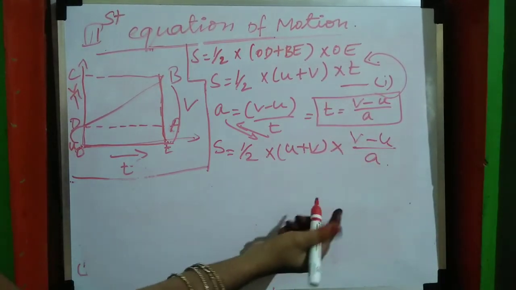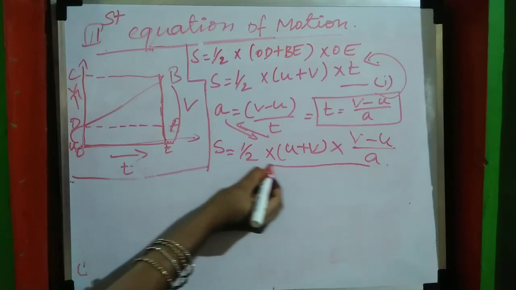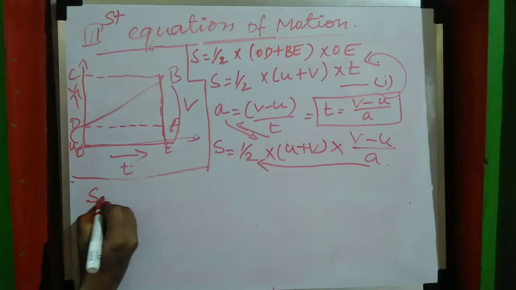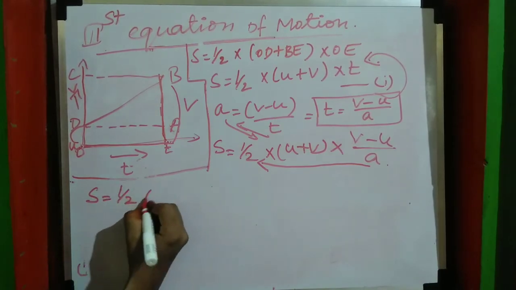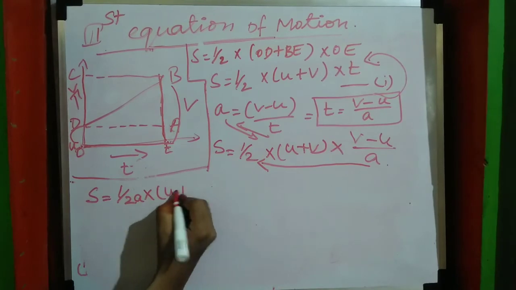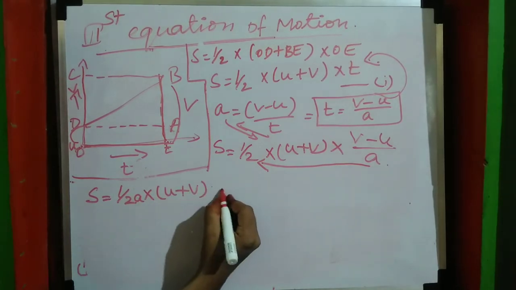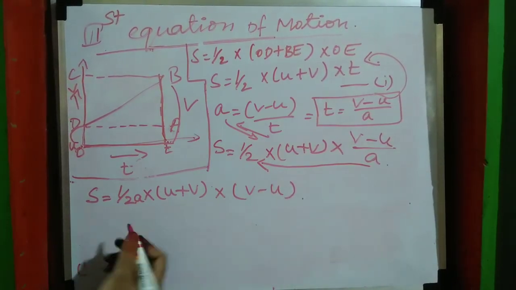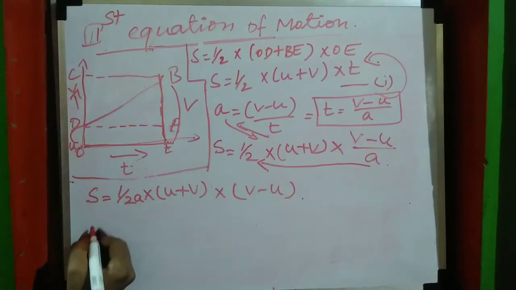divided by a. This a goes to the other side. Again write this equation. S is equal to half, 1 by 2a, into u plus v into v minus u. Rewrite this equation.